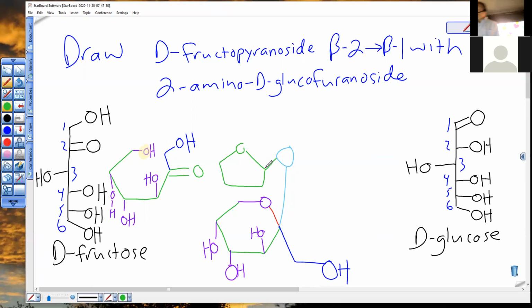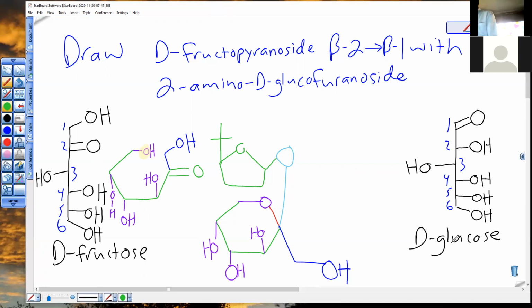We just have to get that furanoside, because up here is going to be stuff there. I have no idea what that even looks like. There's a lot going on in this question.